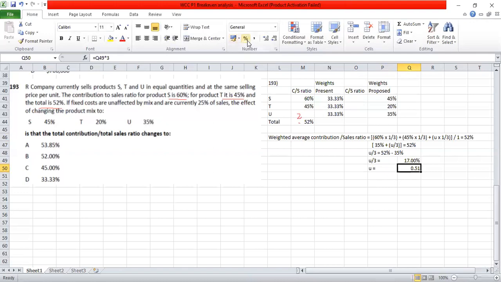We got it as 51%. So this is the balancing figure.